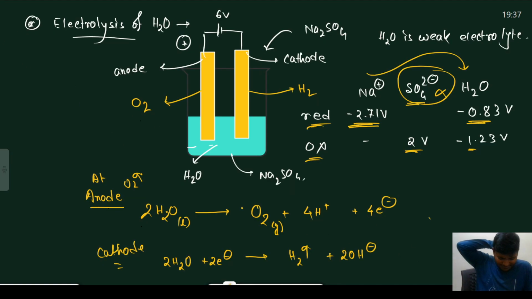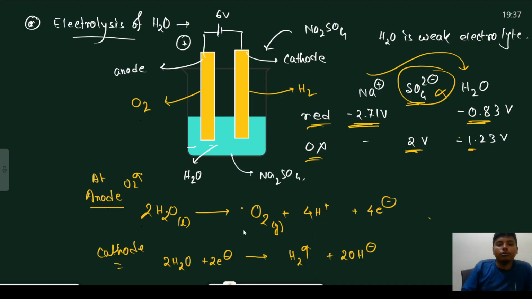So reduction potential is the negative of oxidation potential. So for H2O it is minus 0.83, and the oxygen potential is minus 1.23.